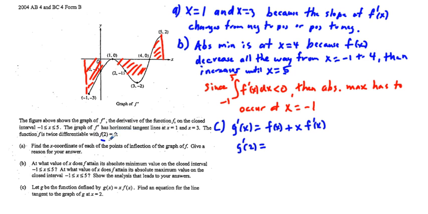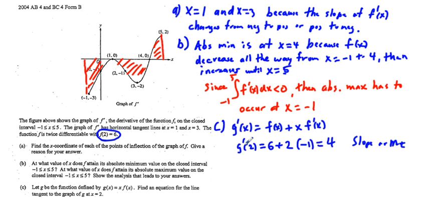If we put in our initial condition, f of 2 equals 6, we have 6 plus x, and x is 2, that's our input value. f prime of x at x equals 2 is -1. So we have 6 minus 2, which is equal to 4, and that is going to be our slope, m sub t.